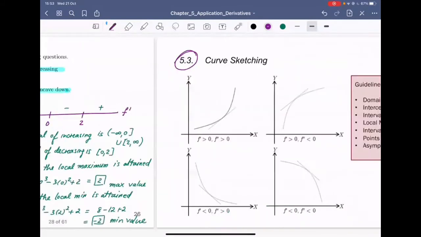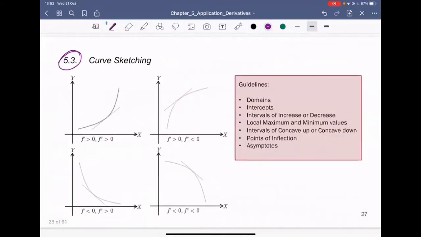Okay, we're going to look at curve sketching. The goal for today is to do at least one example. I think it's only one example because we don't have much time left. But we're going to do one example for curve sketching, and this is going to be a beautiful section. It's going to test you on everything. It's time to put everything together and sketch the graph.